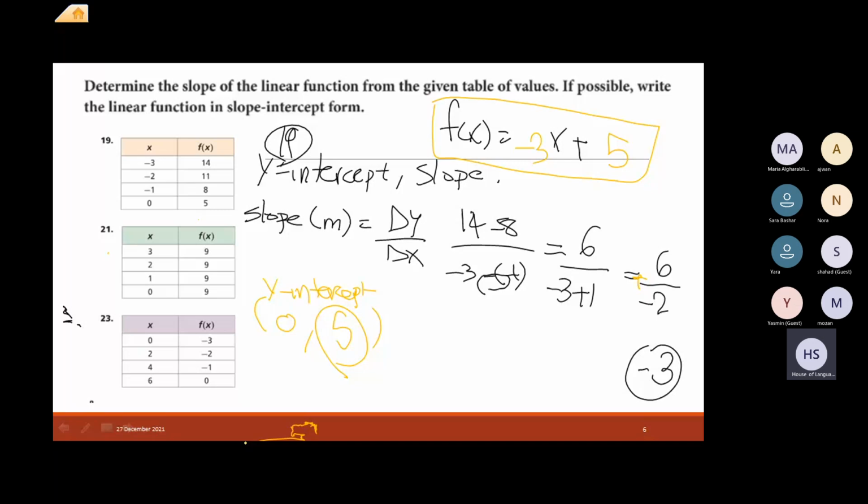See, 9, take the y's. 9 minus 9, not 3 minus 9. Repeat it. Delta y, take 2 y's, this one and this one. 9 and 9 with 3 over 3 minus 2, like this. Keep it as negative 3 divided by 2, as a fraction. It's okay, no need to divide it.